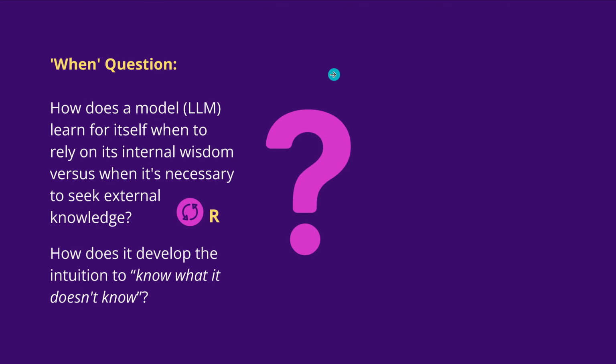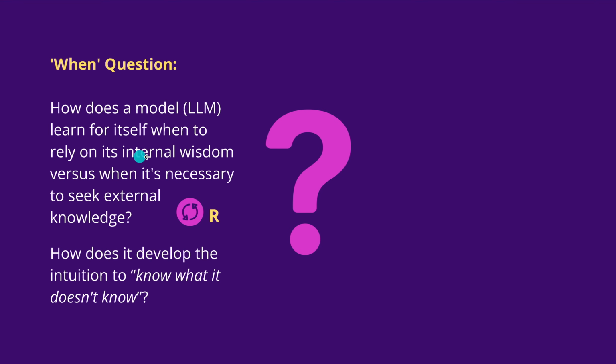So, at first we have to address the question, when? How does an LLM learn for itself when to rely on its own internal wisdom, somebody calls it parametric knowledge, versus when it's necessary to seek external knowledge like a RAG system? Plus, if you think about it, there's a third component. When should the LLM start reasoning? Because maybe it finds the solution just by its own reasoning process, and it doesn't need to go to any external knowledge on the internet.